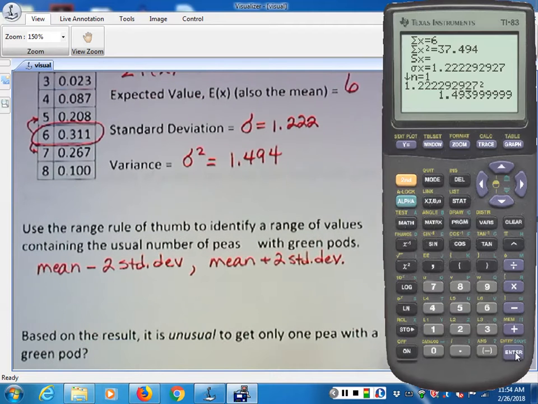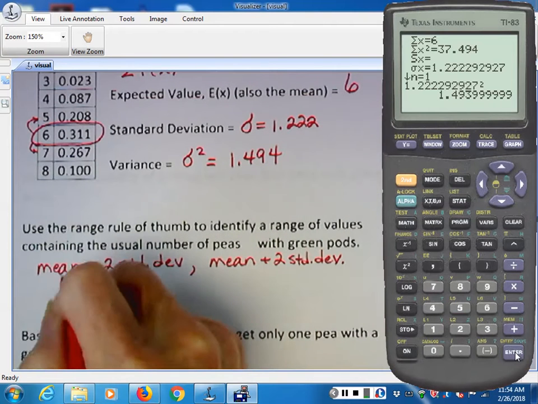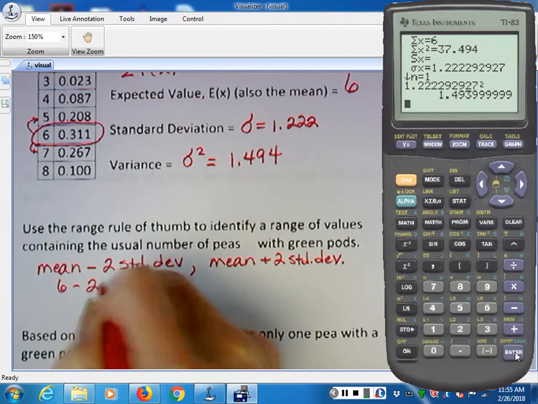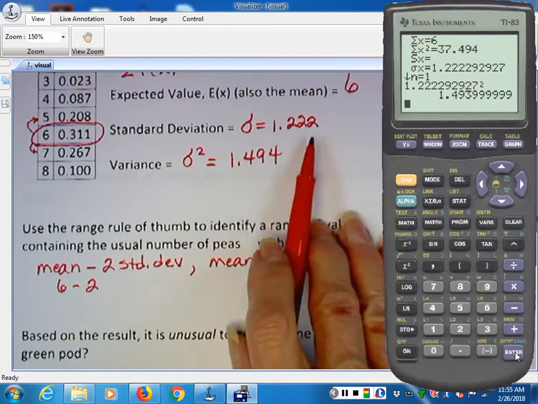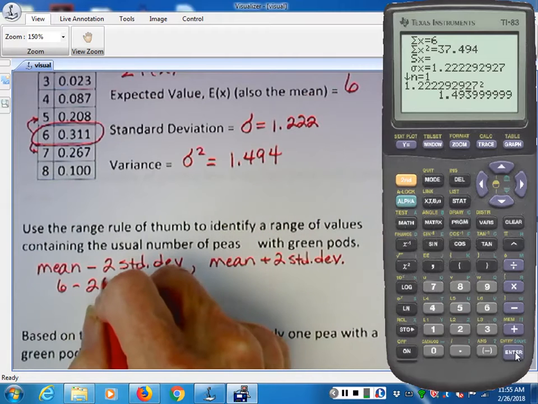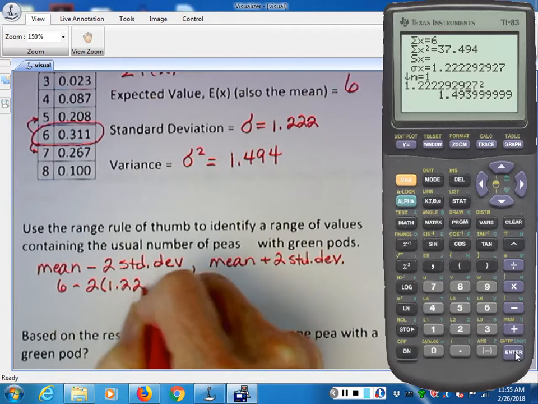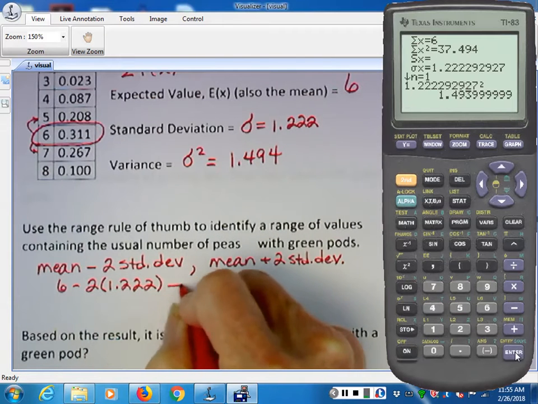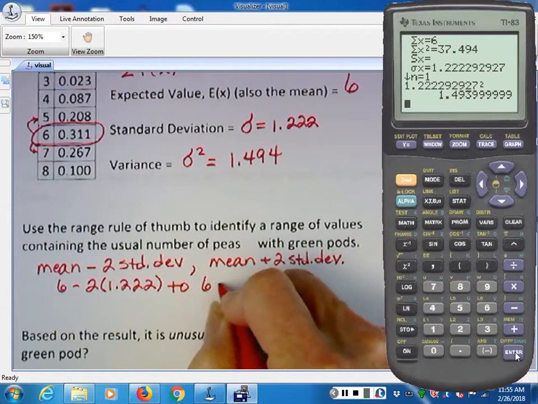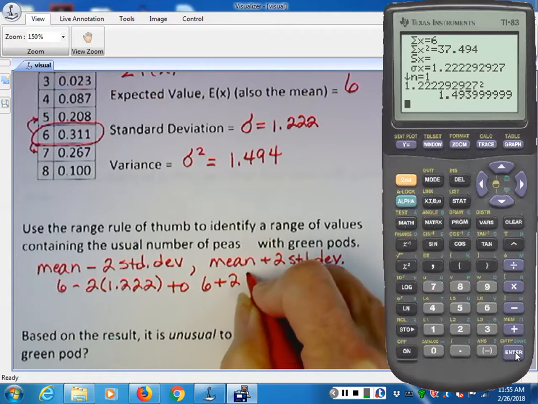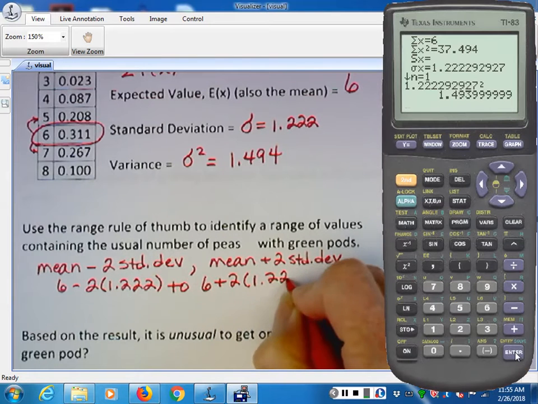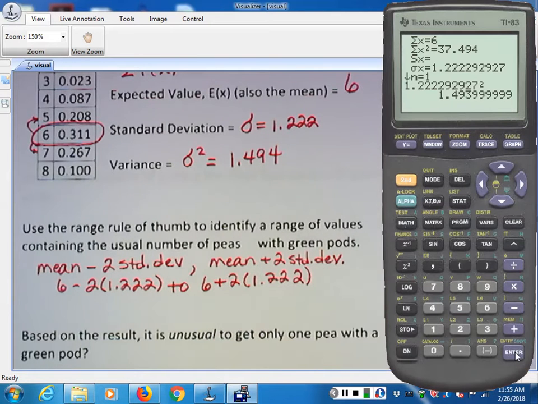And since my mean is 6 and my standard deviation is 1.222, then I'll do a little arithmetic.